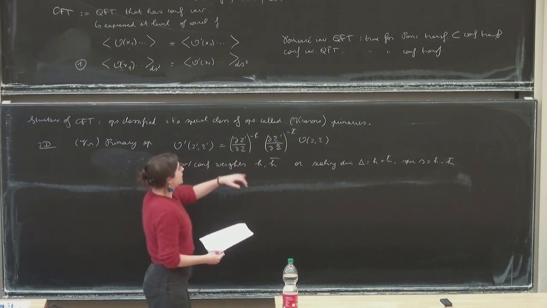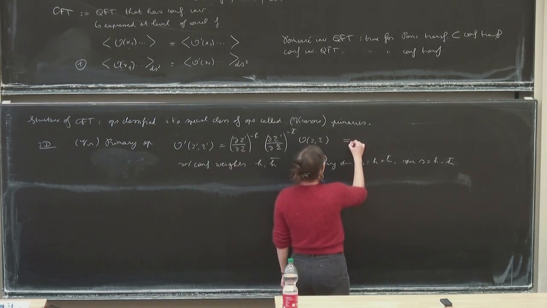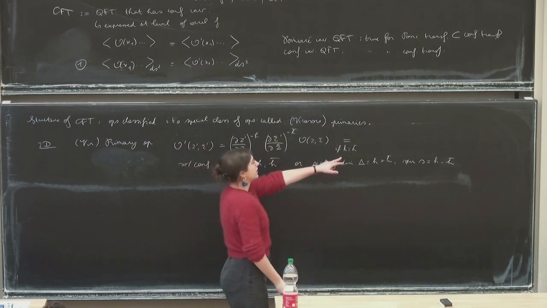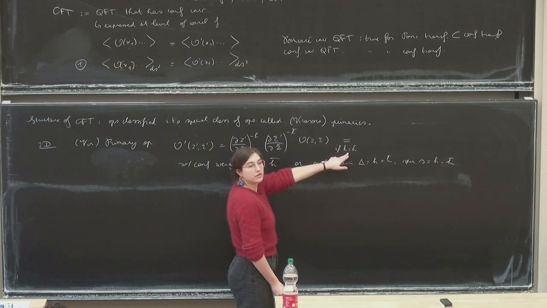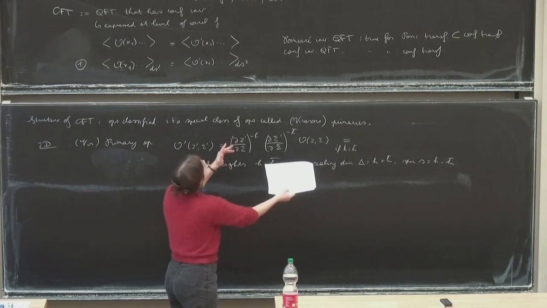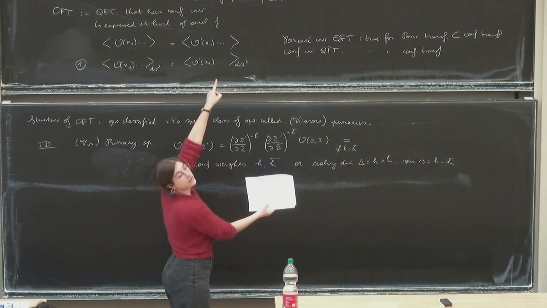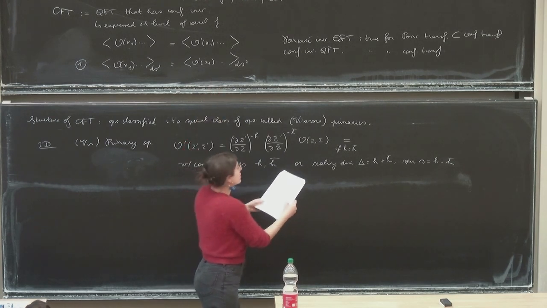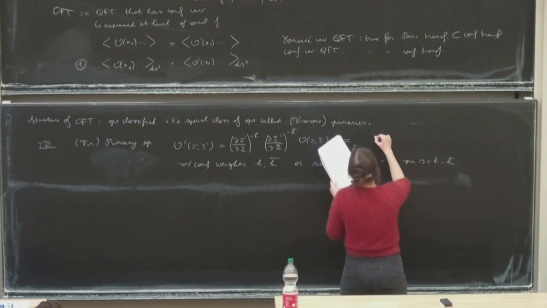So let me write in the case of operators which have zero spin, and so equal conformal weights h and h bar, then I can write this transformation behavior in terms of the scale factor omega associated with the conformal transformation. So let me do that.